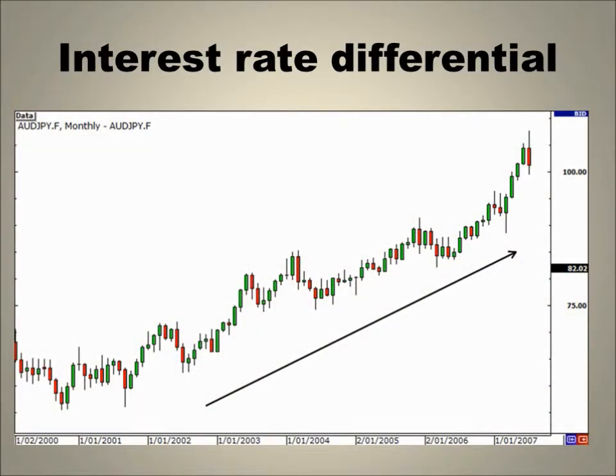So in this market, we have the Australian dollar Japanese yen pair. And here we have an uptrend. What we're looking at in this market is the fact that the Australian central bank historically keeps their interest rates high, whereas the Japanese central bank, the Bank of Japan, which is what the Japanese government calls their central bank, generally keeps their interest rates low.